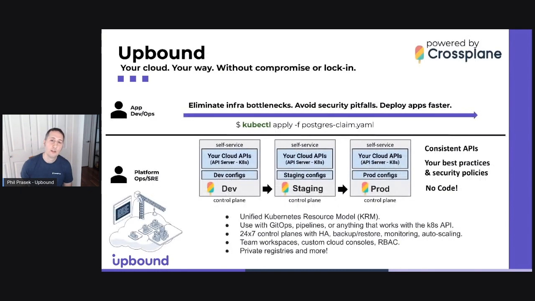So what if you could define consistent APIs for your platform across dev, staging, and prod with all of your best practices and security policies baked in without writing any code, just using idiomatic Kubernetes YAML. So you can enable your app teams to just kubectl apply the infrastructure that they need to eliminate infrastructure bottlenecks, avoid security pitfalls, and deploy apps faster.